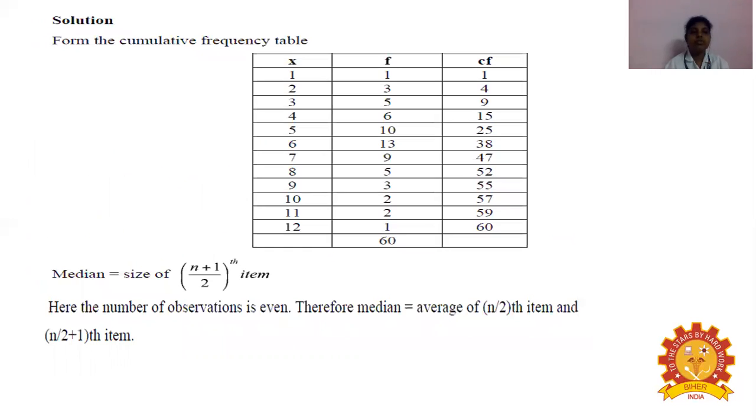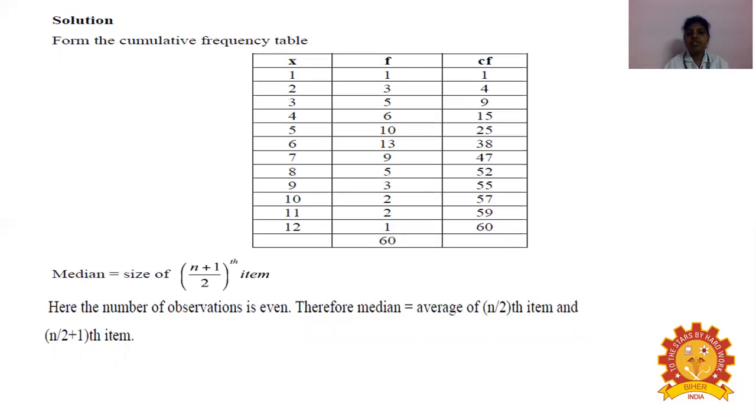Okay, next come to the solution for this problem. Form the cumulative frequency table. First write the x column value, next a frequency column, next find the cumulative frequency. First write the x column values: 1, 2, 3, 4, 5, 6, 7, 8, 9, 10, 11, 12.